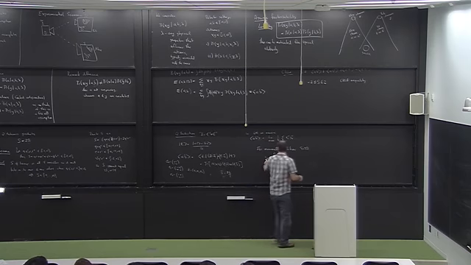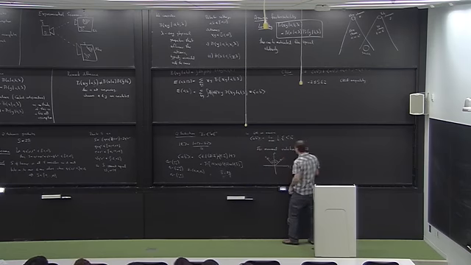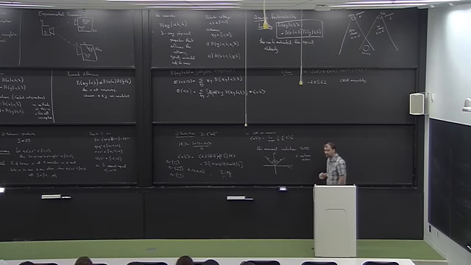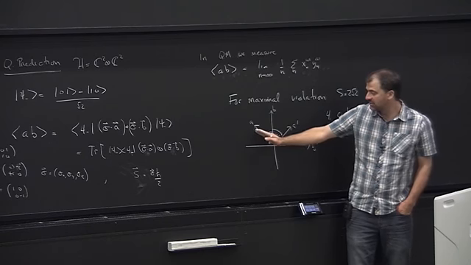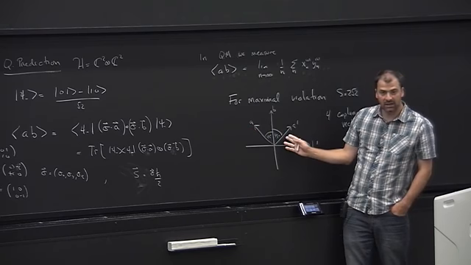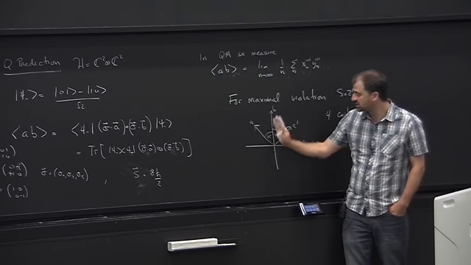So if you choose these directions, we have 4 coplanar vectors for our directions of measurement. What this means is I do a Pauli measurement on Alice's system at this angle or at this angle, and Bob does his measurements.